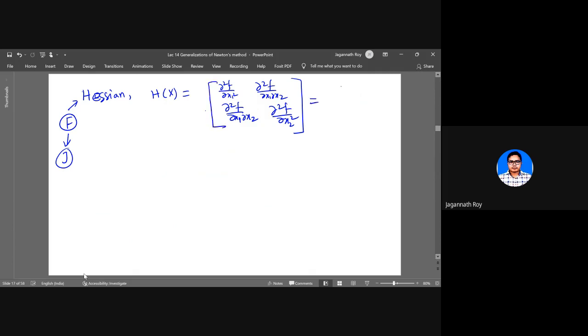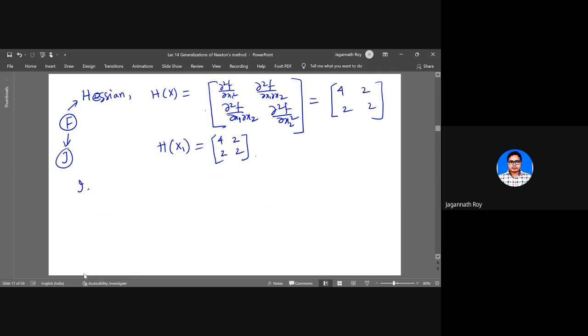So there we have seen 4, 2, 2, 2. It will not change depending on the value of x1. Since this is a constant matrix, it will remain the same: 4, 2, 2, 2.